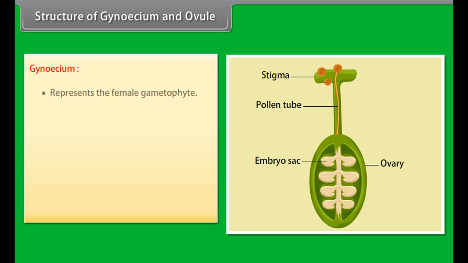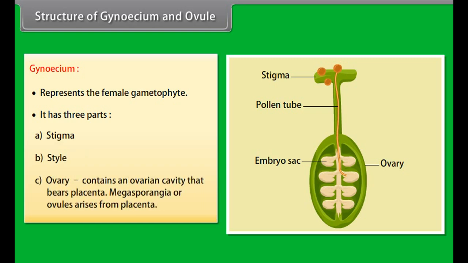Structure of gynoecium and ovule. Gynoecium represents the female gametophyte. It has three parts: stigma, style, ovary. It contains an ovarian cavity that bears placenta. Megasporangia or ovules arise from placenta.